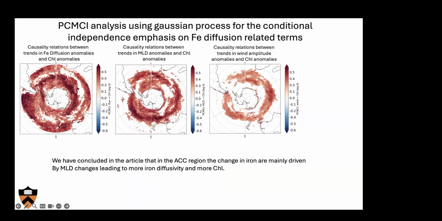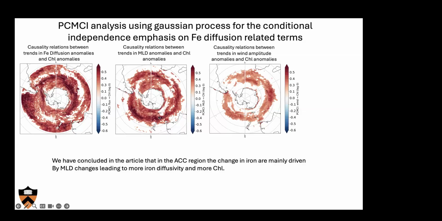So we actually ran this PCMCI algorithm, and what you see here is how strong the causal link is. In the first panel, this is the causal link between the iron diffusivity anomalies and the chlorophyll anomalies, which shows a very great link.